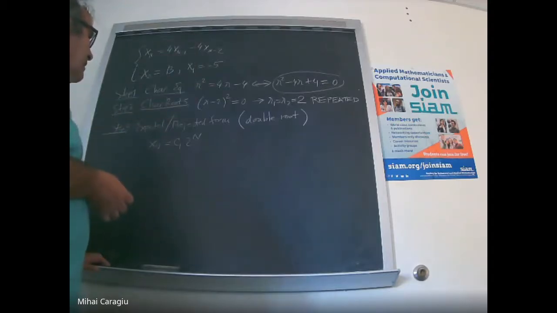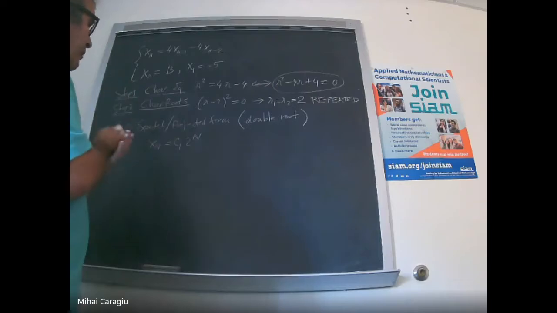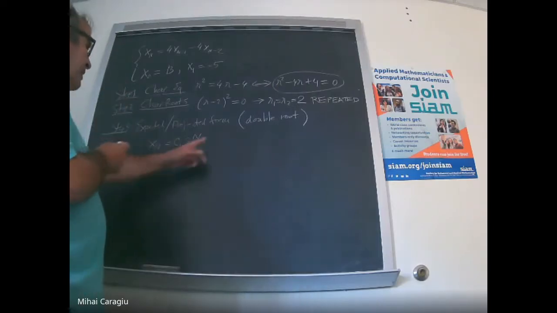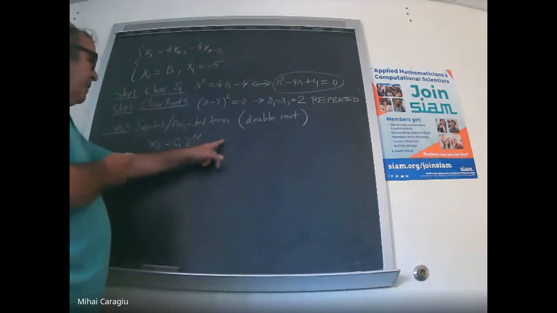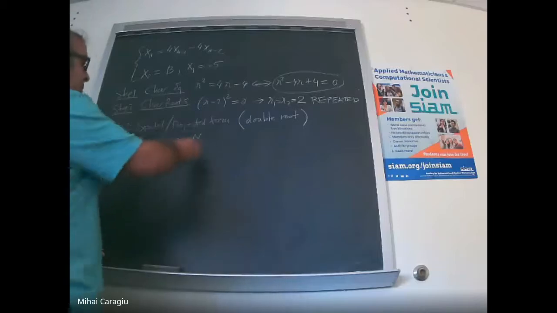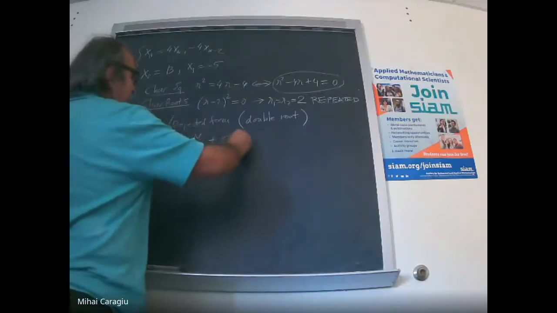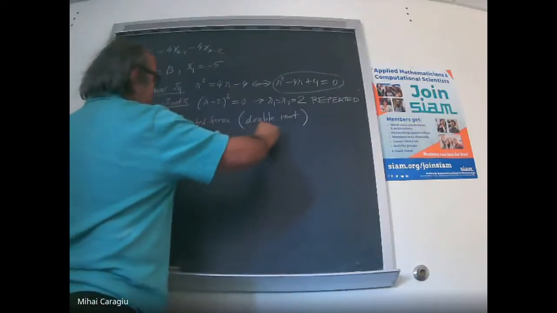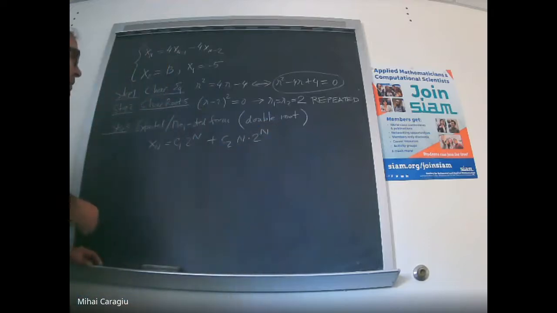So exactly like people do in differential equations, repeated roots are modeled by using extra powers of x for differential equations and powers of n for sequences. So plus c2 times n times 2 to the power n. So that's the expected formula for the sequence for a double root 2 and 2.